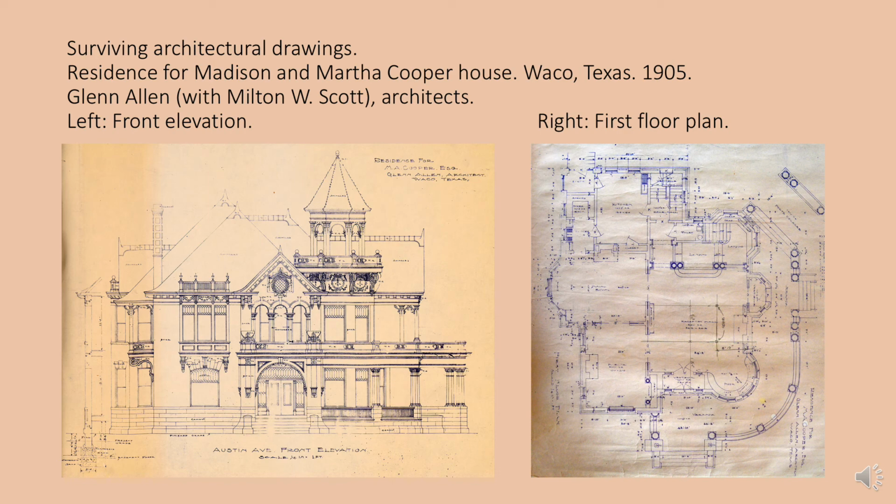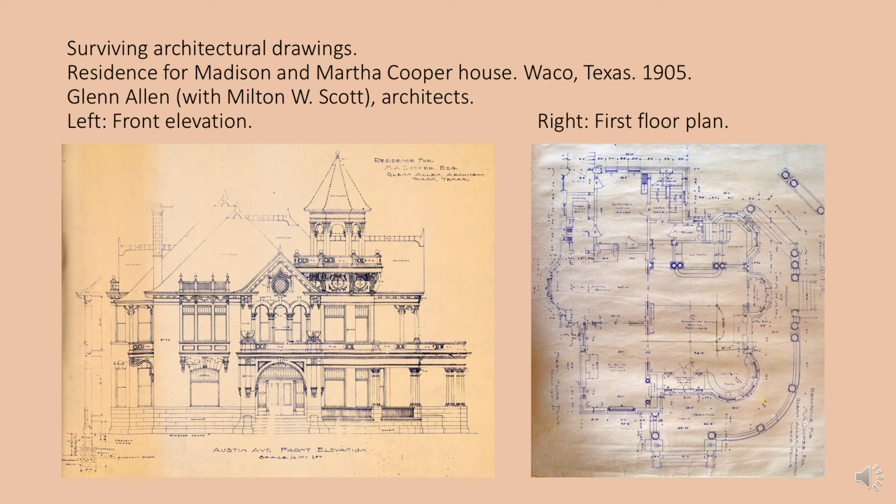But these are such wonderful documents telling you the original intent of the architect, telling you the materials that were used, even the names of the rooms, which is something that we can't always assume that rooms were referred to exactly the way that we would today.